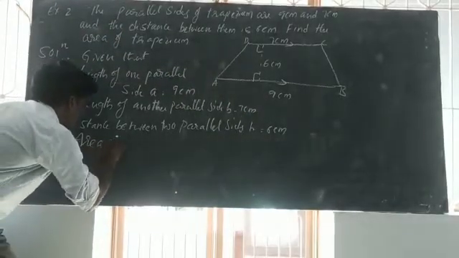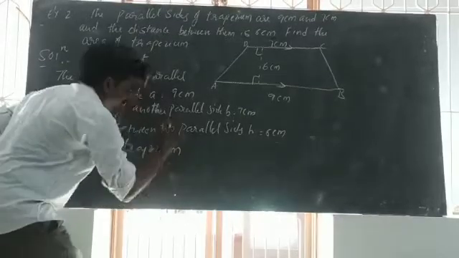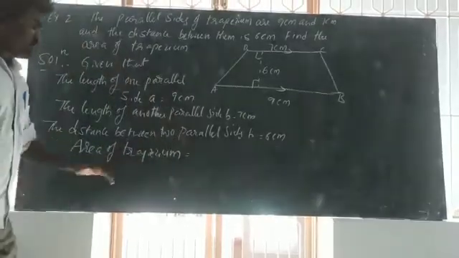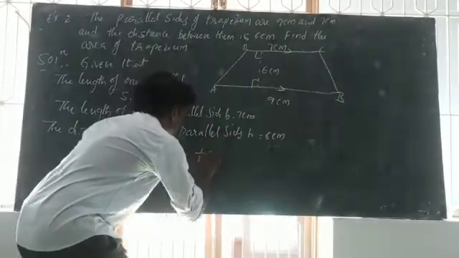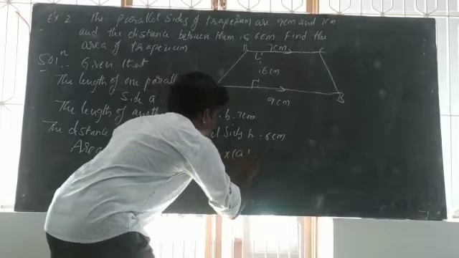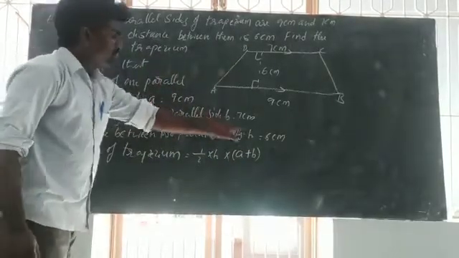So what is the area of a trapezium? Half of the distance between the two parallel sides into the sum of the two parallel sides, that is 1/2 into h into a plus b. Now substitute all the values, a value, b value, h value.